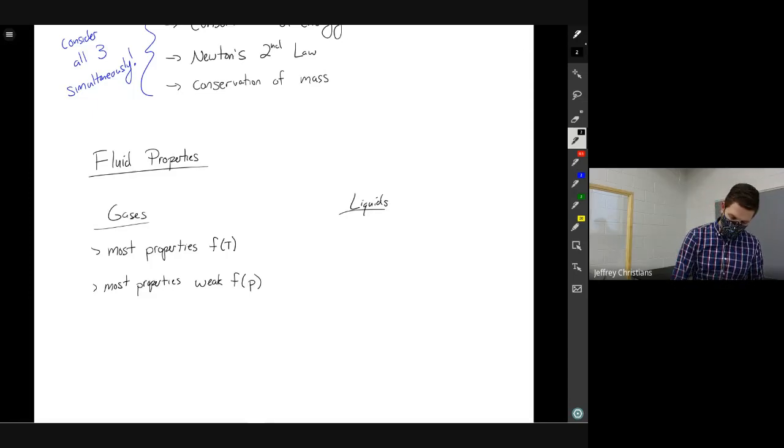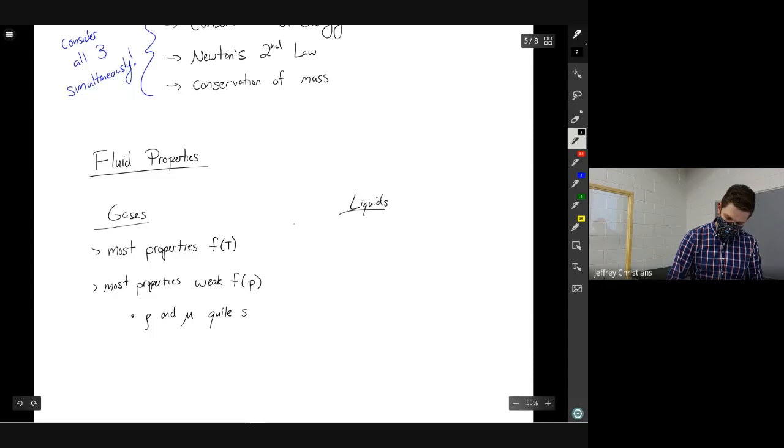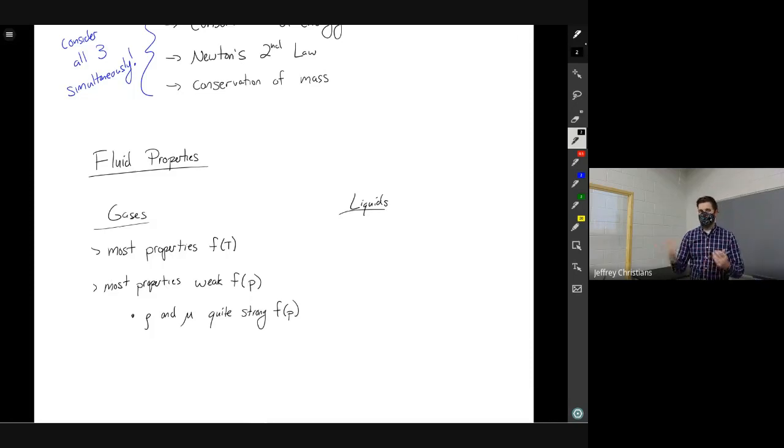The exceptions to that are density and viscosity, which are quite strong functions of pressure. So for density and viscosity, pressure matters for gases.